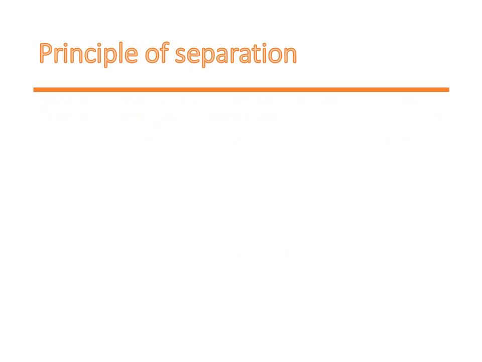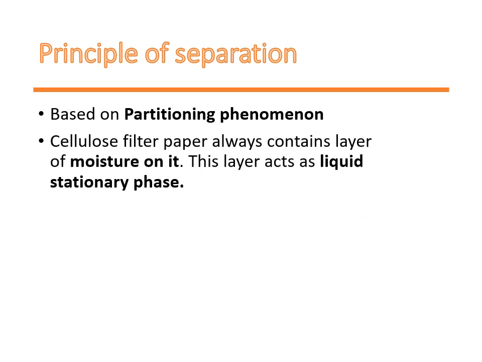Principle of separation in paper chromatography is based on partitioning phenomena. Whenever we use the word partitioning, it is related with the solubility. Now the filter paper which we are using in the separation is made up of cellulose. Due to the absorbent nature of cellulose, this paper always contains a thin layer of moisture on it.